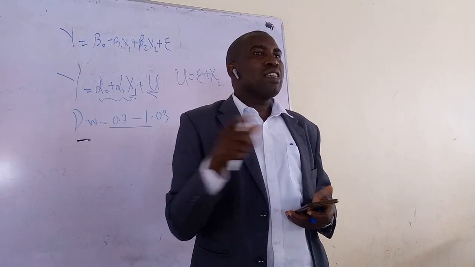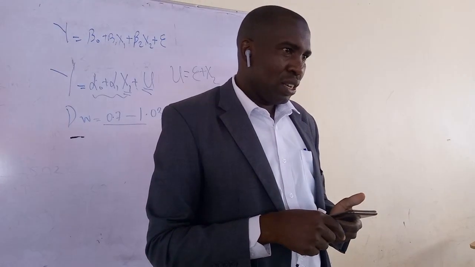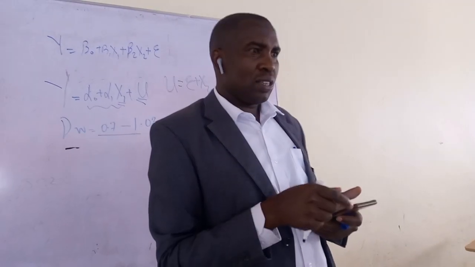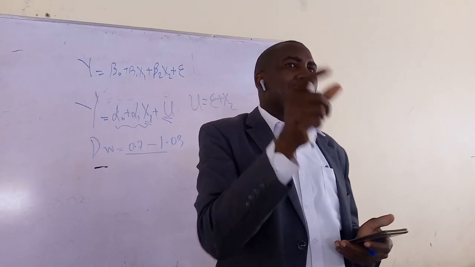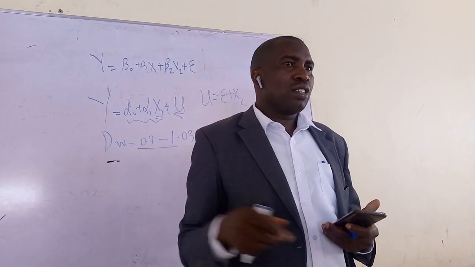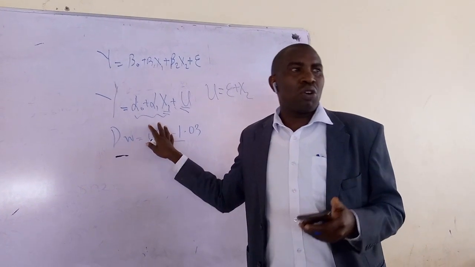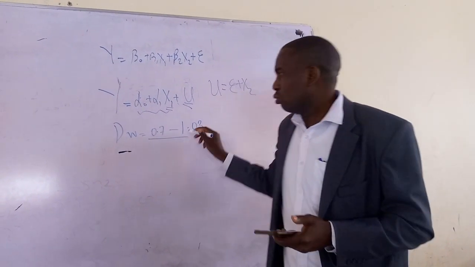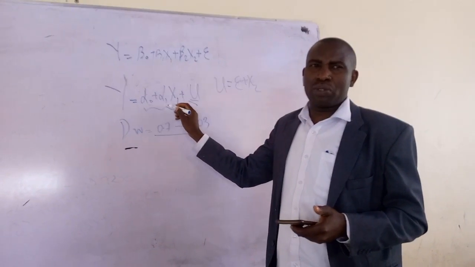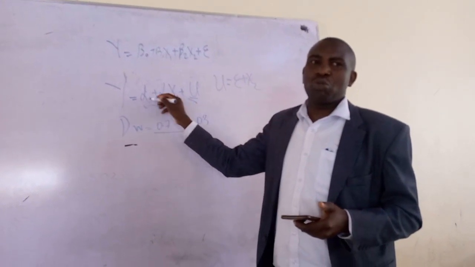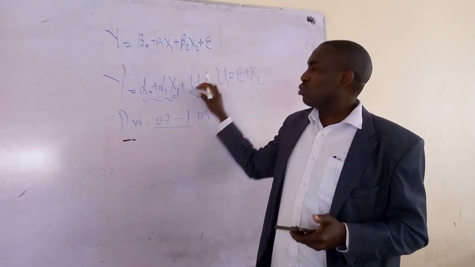So this is the theory behind what we call the test of omitted variables. It's called Ramsey RESET. The Ramsey RESET test is used to test whether you have omitted a relevant variable or not. So what will you do? The best thing to do, because here you may have very many variables, and of course here I've used one, is to simply test whether the error term and the omitted variable are related.